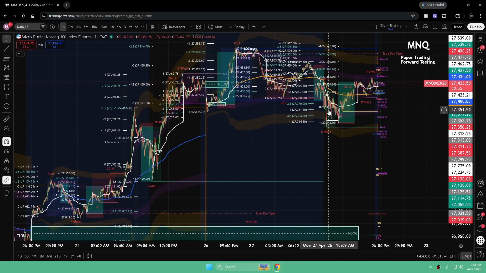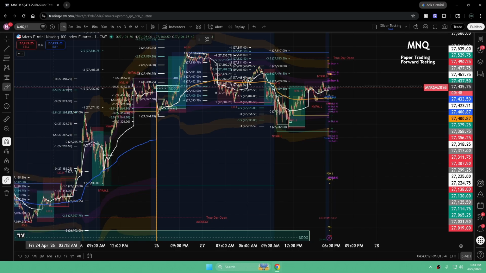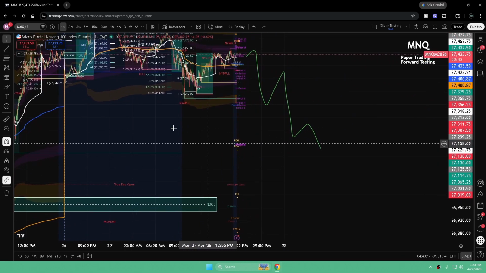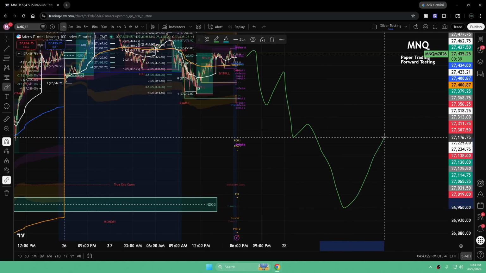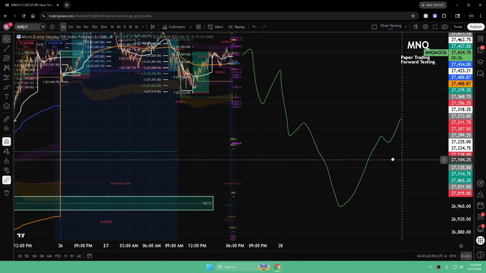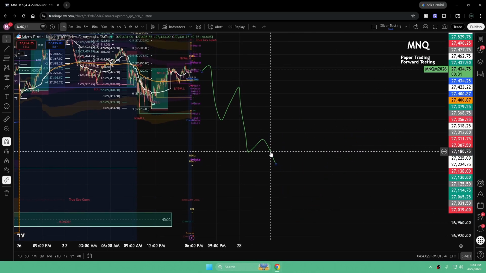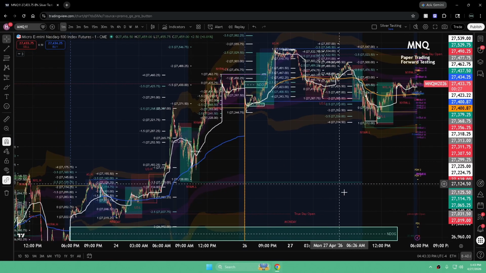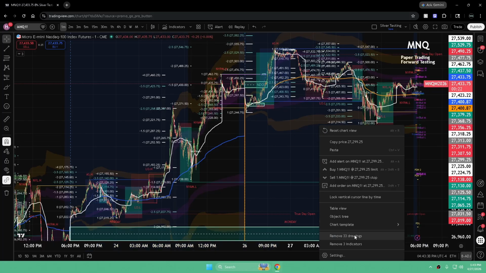So Monday, Tuesday, Wednesday, if we keep continuing going lower like this, right, keep going lower like this, and then coming into Thursday, we might get a pullback like this and go like that to go lower, if anything. Yeah, that's it. I'm gonna go ahead and lock this and delete everything.